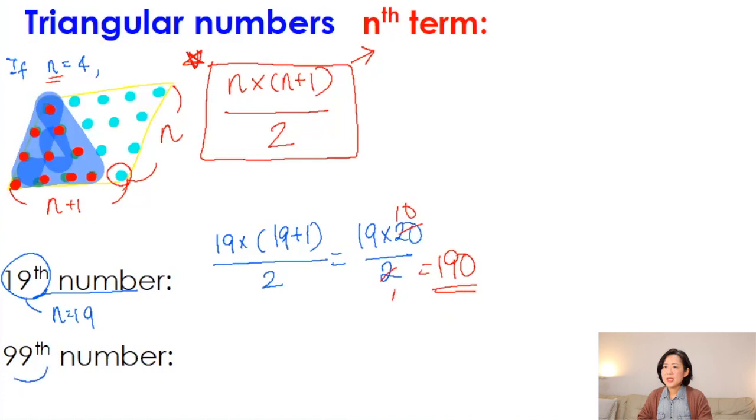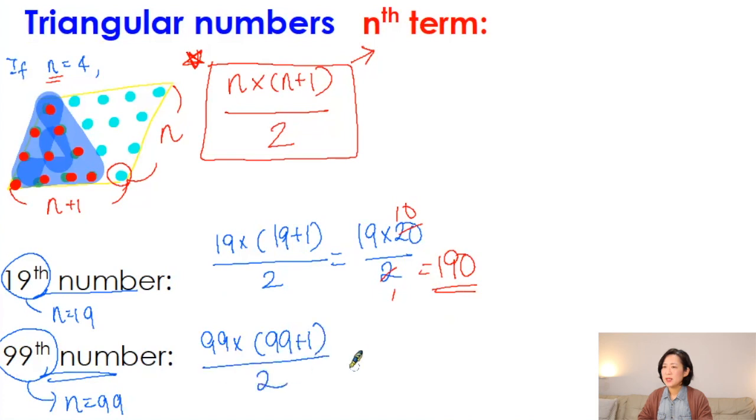How about the 99th number? That means your n is 99. So let's put that 99 into n. 99 times one more than 99, divided by 2. That gives you 99 times 100 divided by 2. And we can simplify by 2.